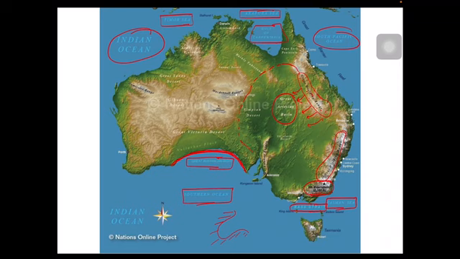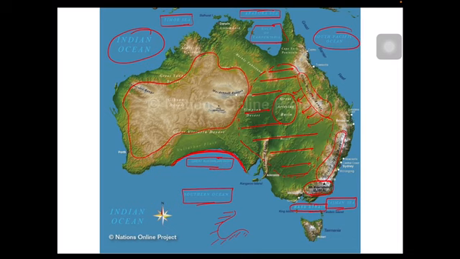This is the fertile area of Australia, and that's why it is not hard to guess that the major Australian population lives here. And this is the very big desert portion of Australia, which is not in livable condition as of now. So these two points are there: Great Dividing Range and Mount Kosciuszko.